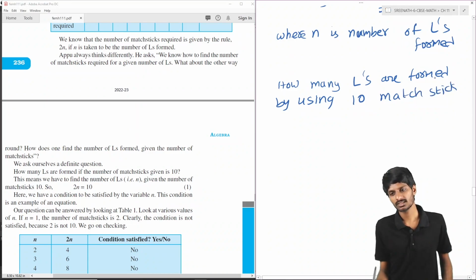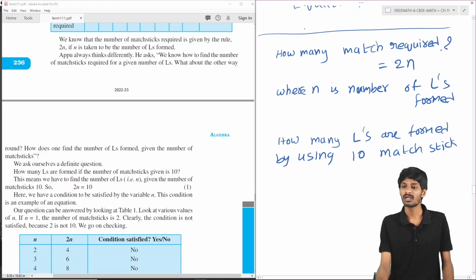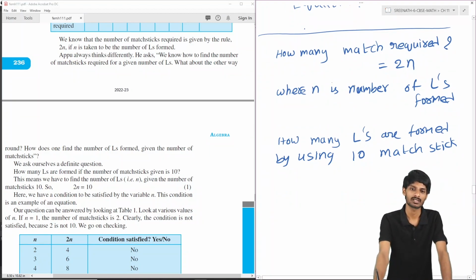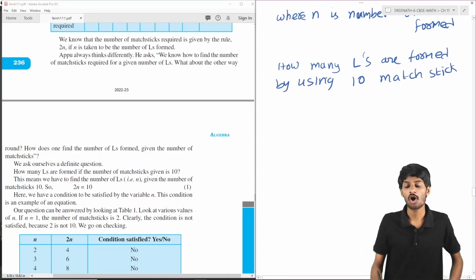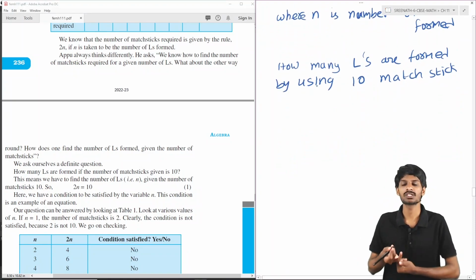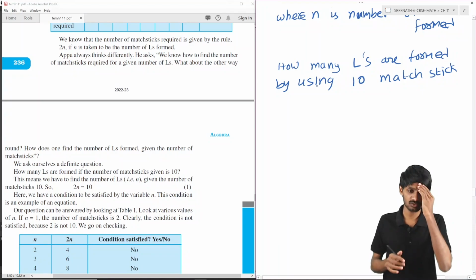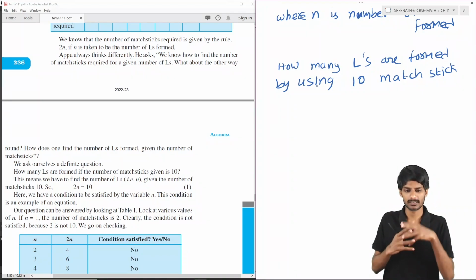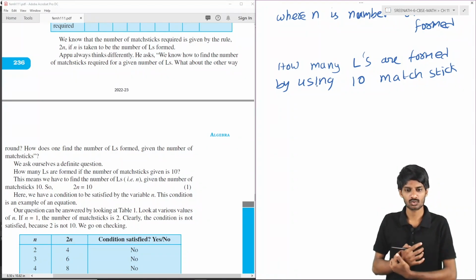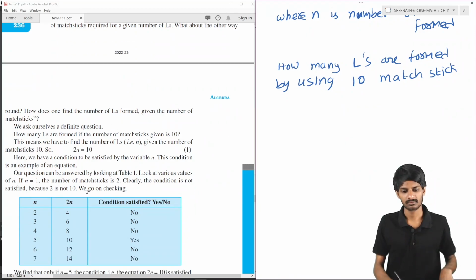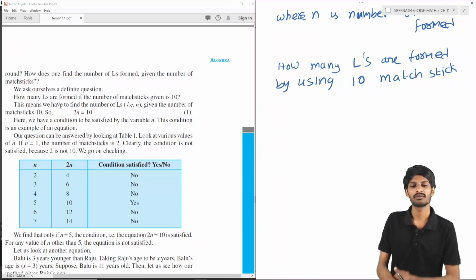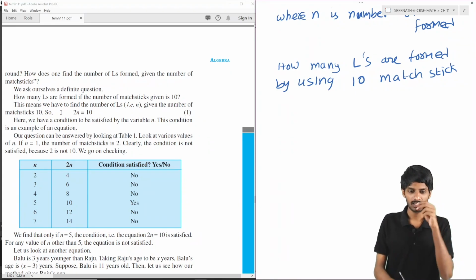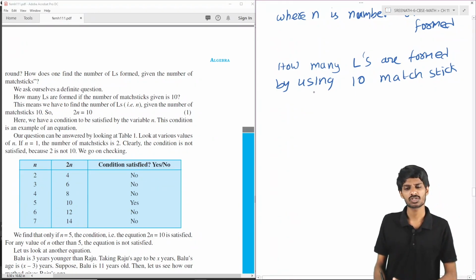Previously she asked how many matchsticks are required for some number of L's, like 7. Here they are asking how many L's are formed by using 10 matchsticks. The question is quite opposite, students. So how many L's are formed if the number of matchsticks given is 10? This is also the same situation, students.